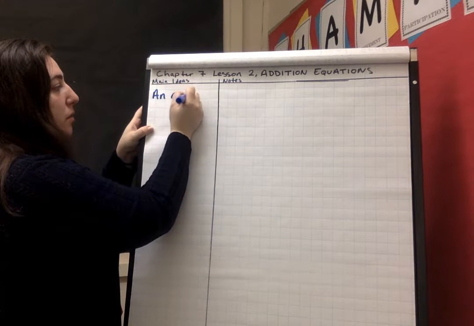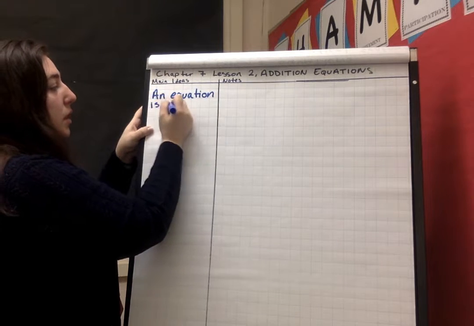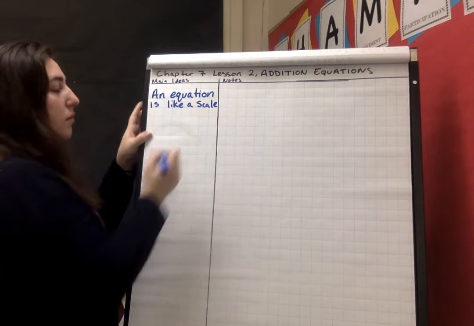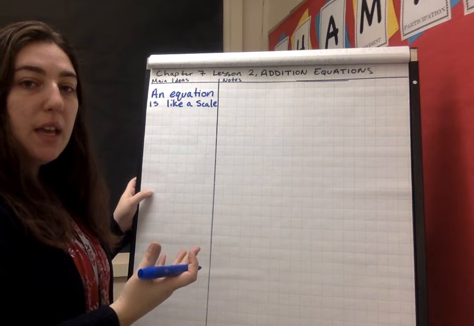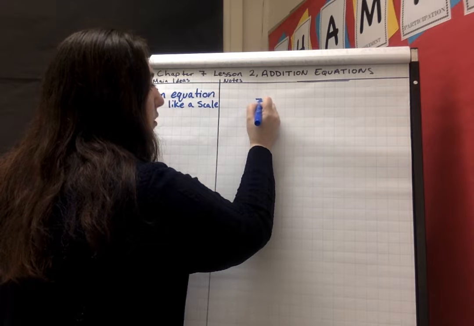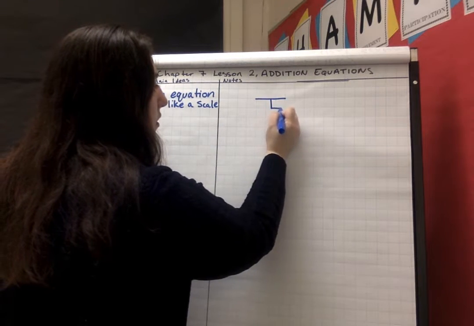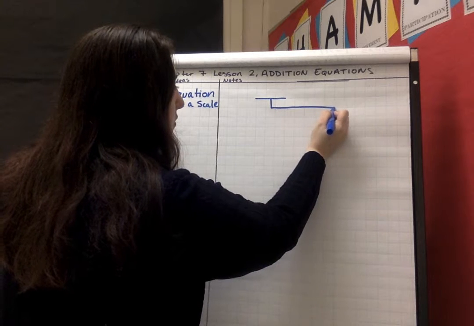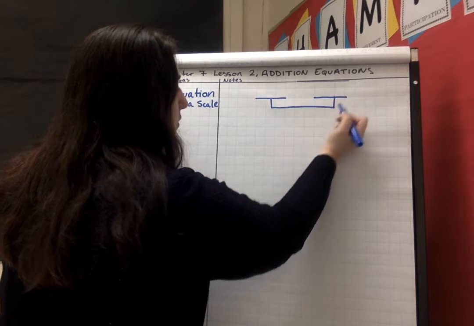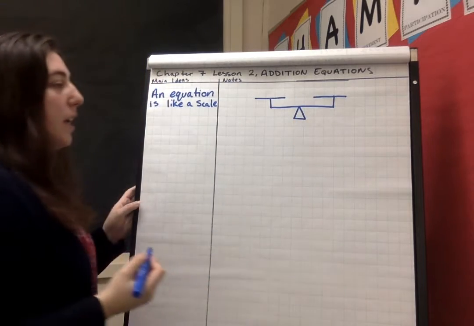An equation is like a scale, okay? And we're going to draw that scale here. So imagine that we had some scale looking like this.